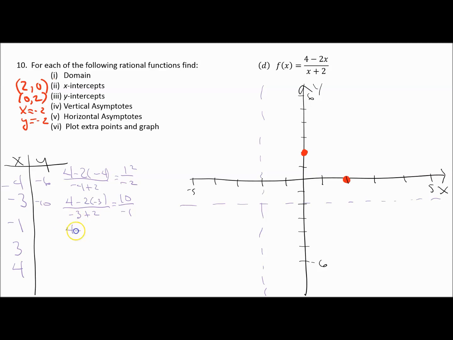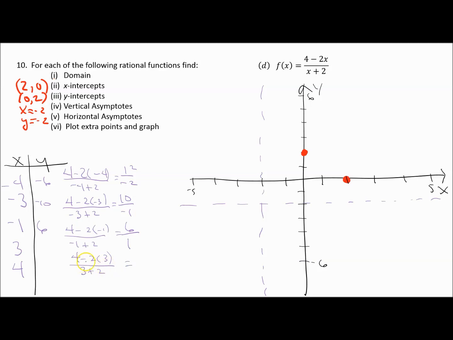-1 plugged in is 4 minus 2 times -1, divided by -1 plus 2. That's going to give me 4 plus 2 in the numerator, which is 6, divided by -1 plus 2, which is 1. 6 divided by 1 is 6. Then 4 minus 2 times 3, divided by 3 plus 2.